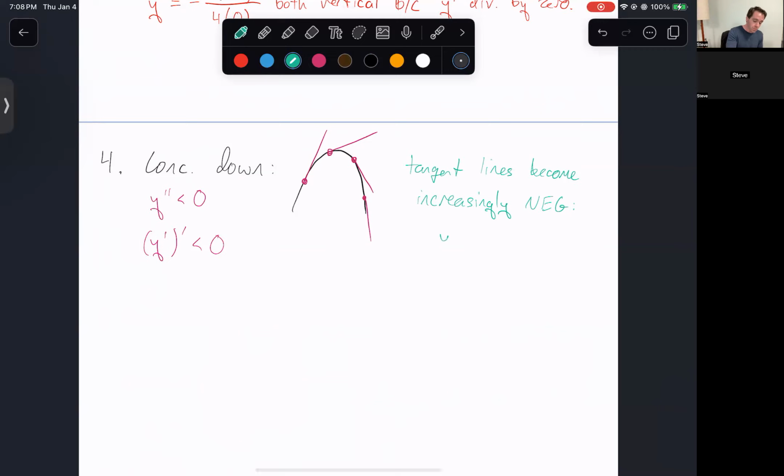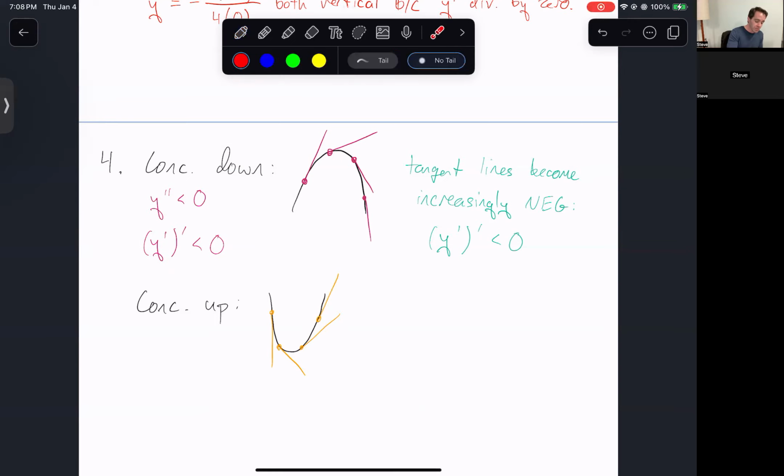So the rate of change of the derivative being negative means that the tangent lines become more negatively sloped over time. For the exact same reason flipped over, concave up, which looks like this, is going to have tangent lines that start out highly negatively sloped, but over time become more positively sloped.